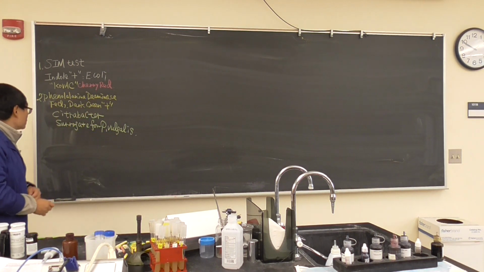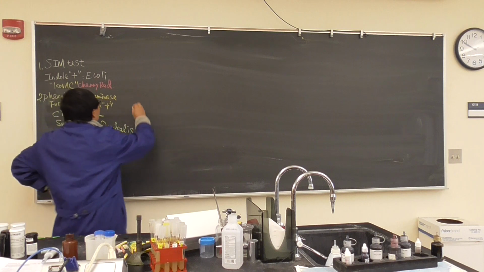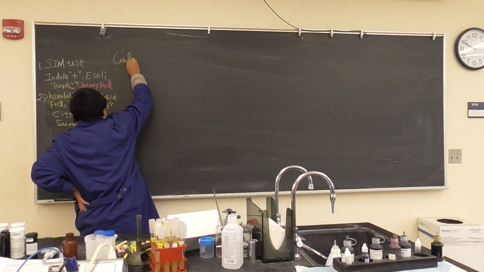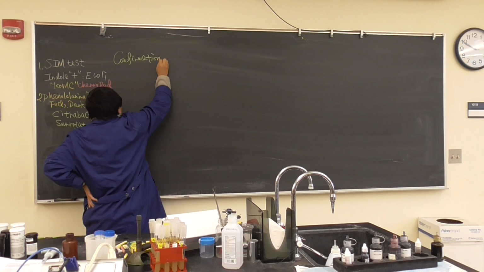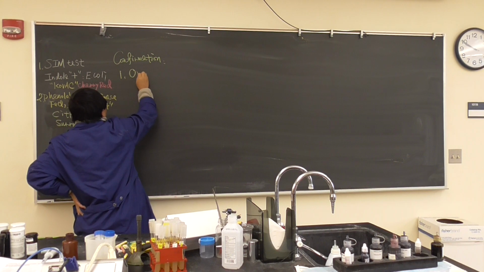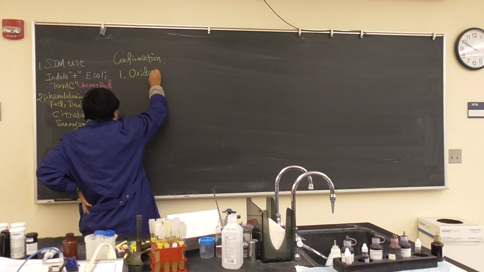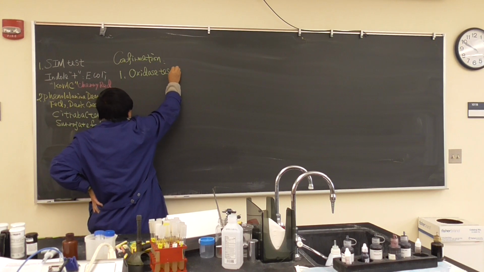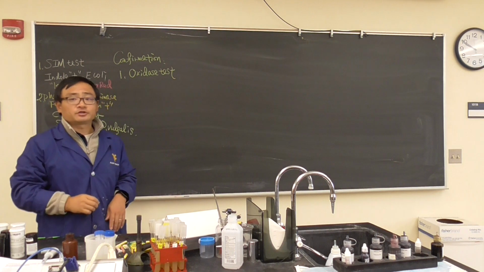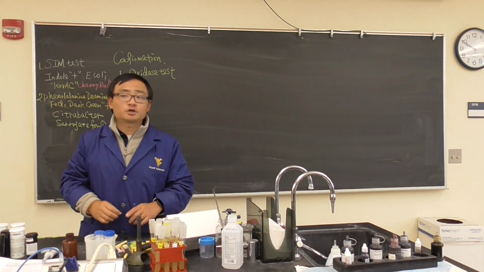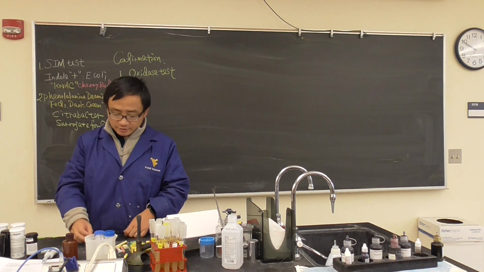Okay, today's work. First of all, we need to do confirmation test. Okay, how to do confirmation test? Oxidase test. You should have agar plates for oxidase test. And it should grow. Is that correct?